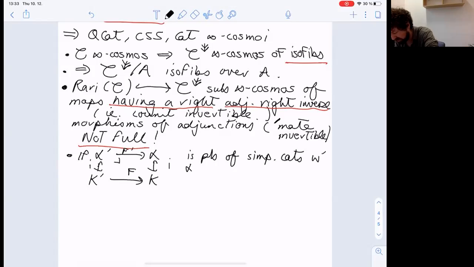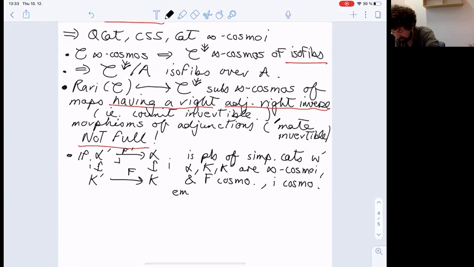So if L, K, and K prime are infinity cosmoi, okay, and we'd want F cosmological and I a cosmological embedding.